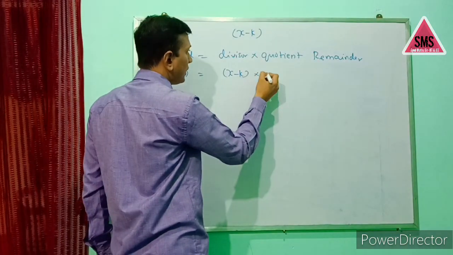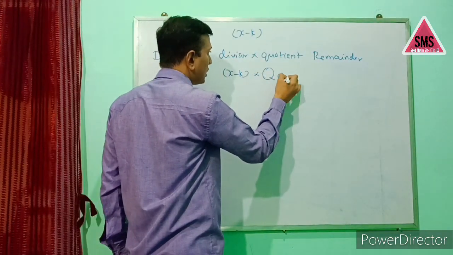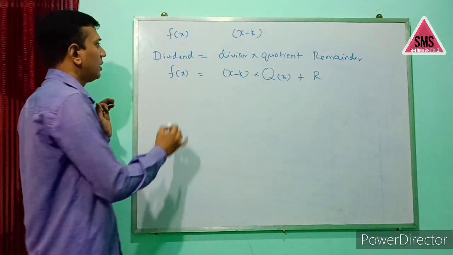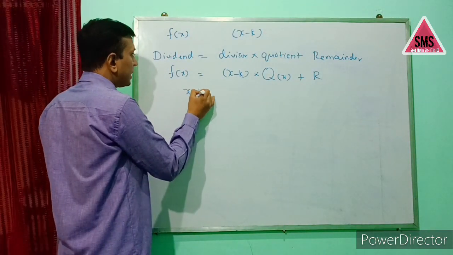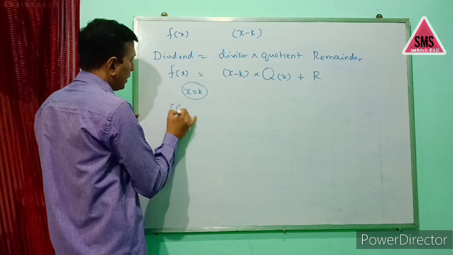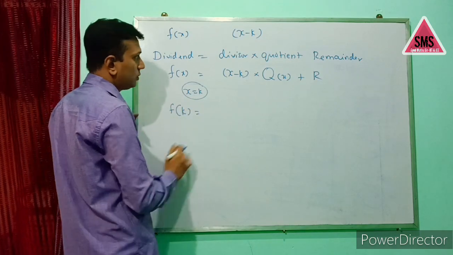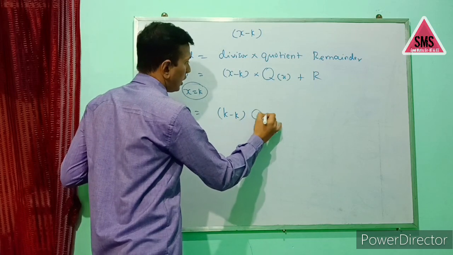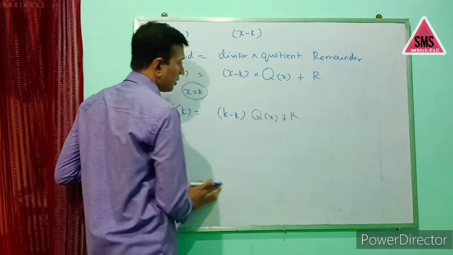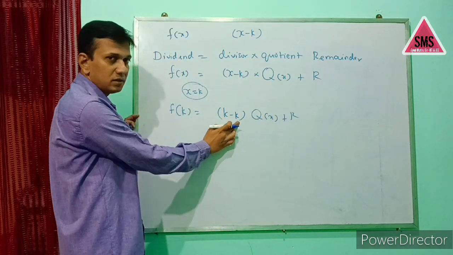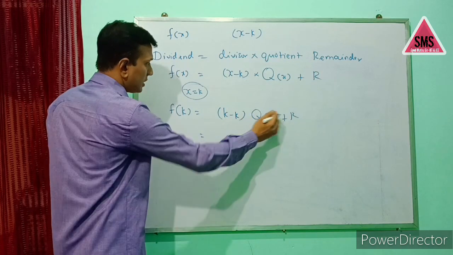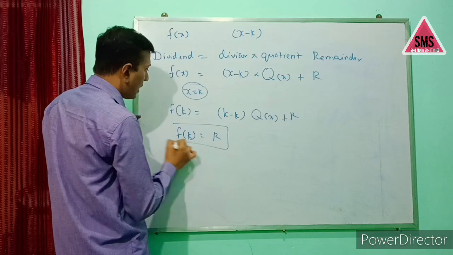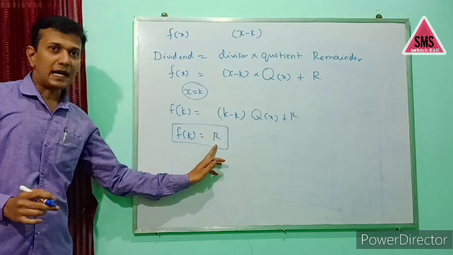We don't know the quotient, we are going to get some quotient q of x, and the remainder will be r. If we substitute x is equal to k, then f of k is equal to k minus k into q of x plus r. K minus k is 0. 0 into anything is 0. 0 plus r, r. So what is r here? Remainder.